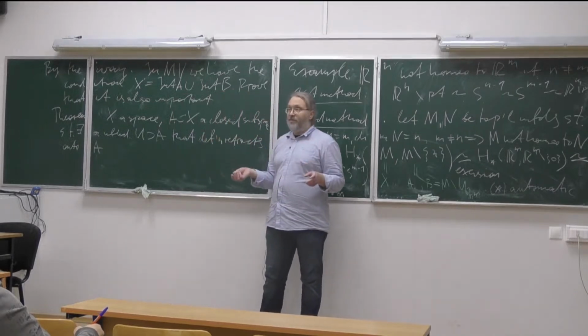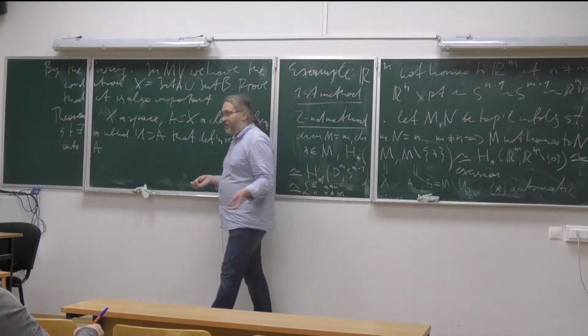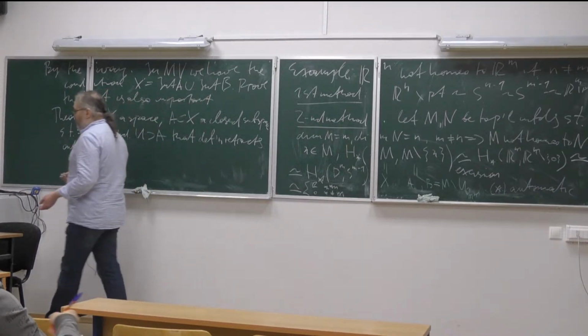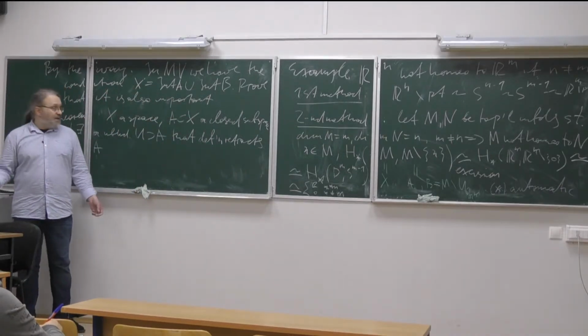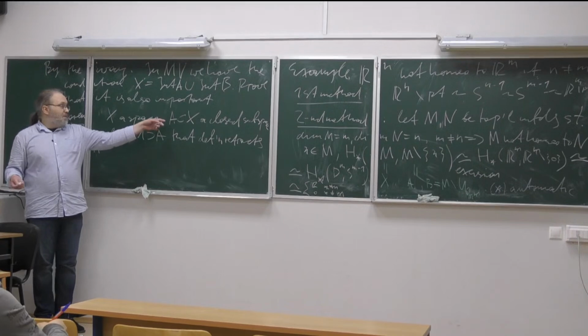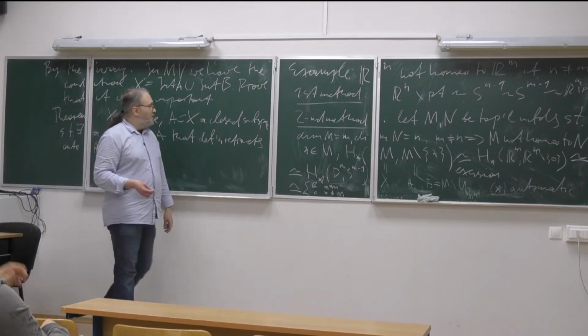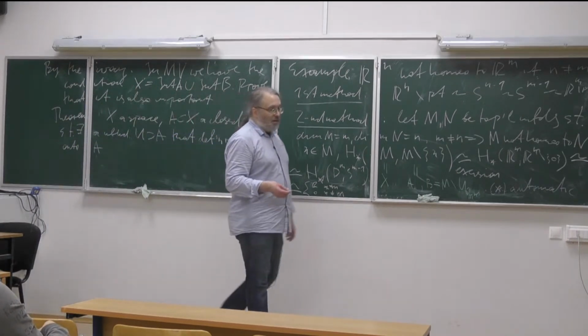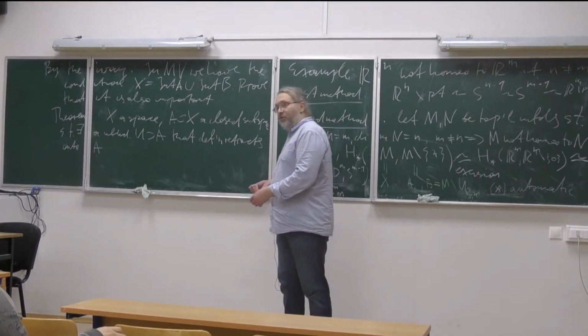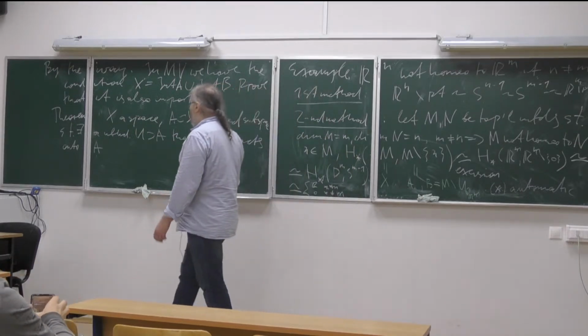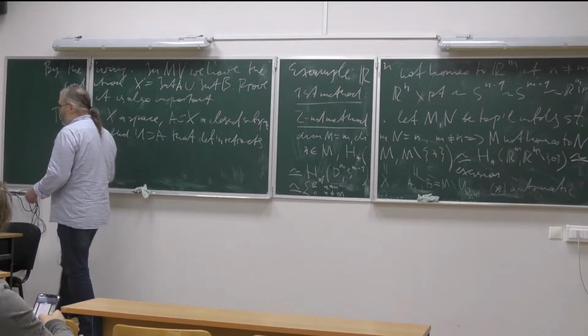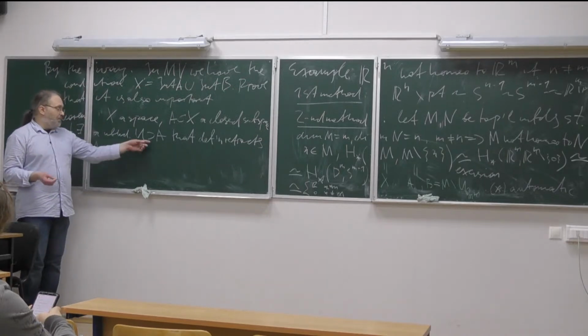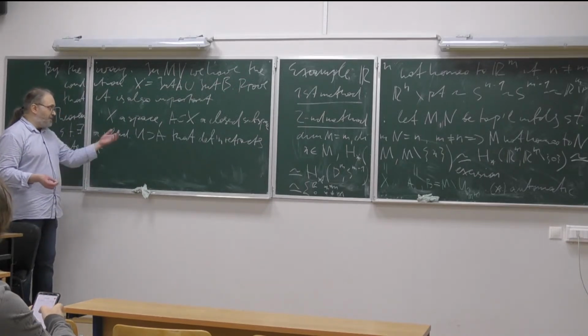Here is a reasonably general condition. Suppose I have a space X and a closed subspace A which has a neighborhood U that deformation retracts onto A, onto the subspace.